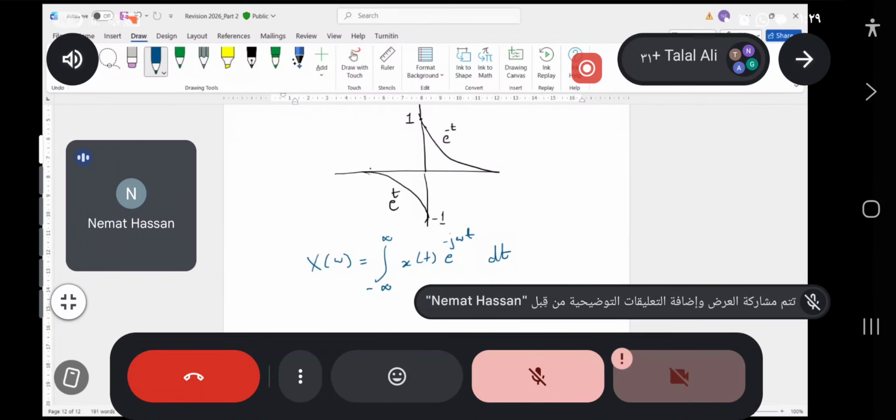Because this is an exponential, so it doesn't have an exact start point in time. So this will be from minus infinity to 0. The value is e power t, e power minus j omega t, plus the integral from 0 to positive infinity of e power minus t, e power minus j omega t dt.